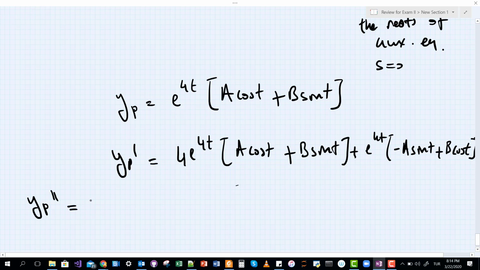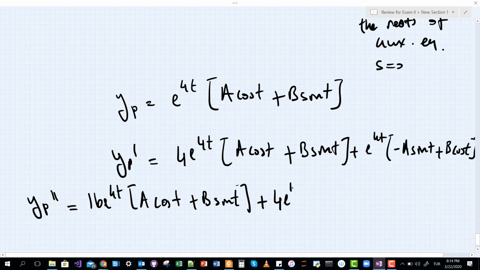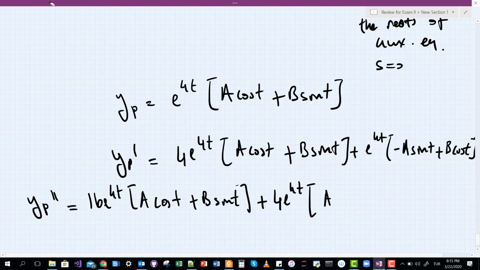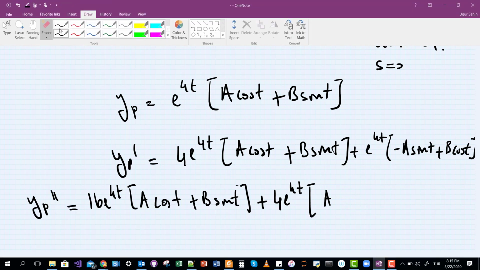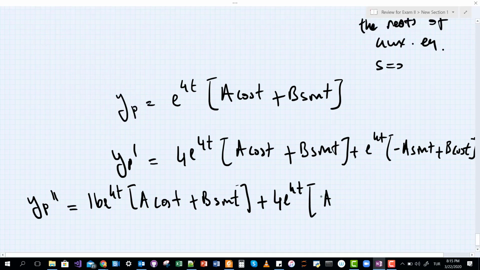The second derivative is going to be equal to 16e to the 4t times a cosine t plus b sine t, plus 4e to the 4t times, we need to take the derivative of the cosine t, which is negative sine t, negative a sine t plus b cosine t.